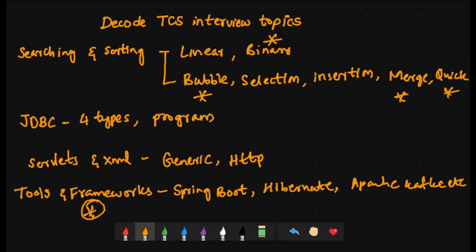By comparing all the interview sessions, I came to the conclusion these are the most repeated topics in TCS interview. So please kindly prepare these topics. You can expect a maximum number of questions from these topics.